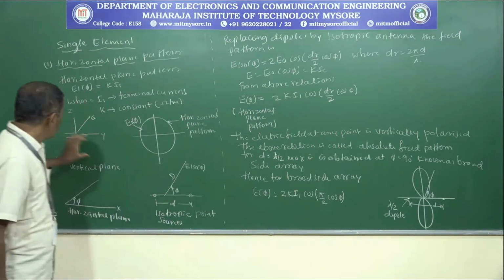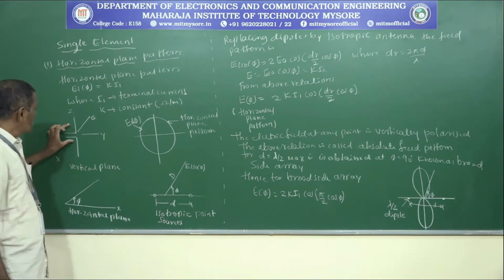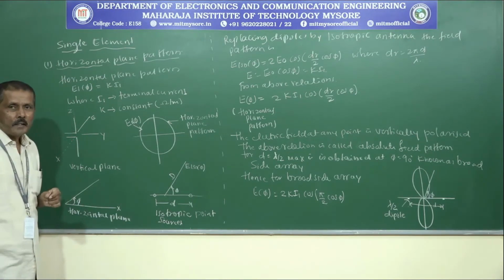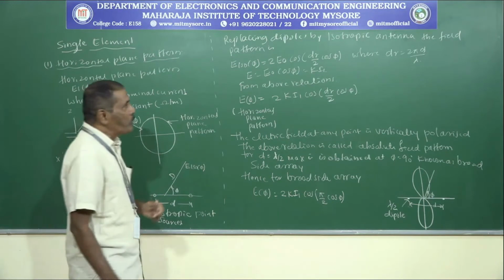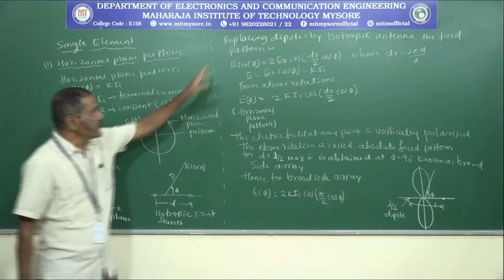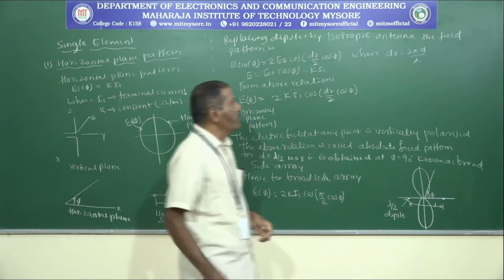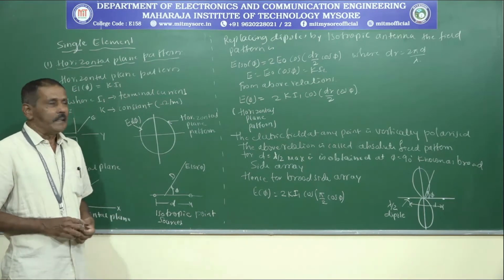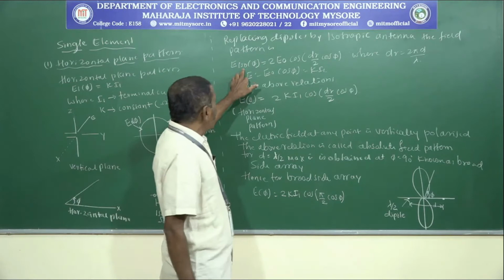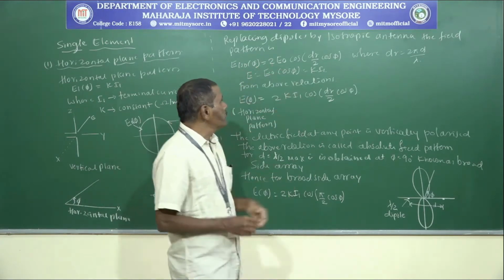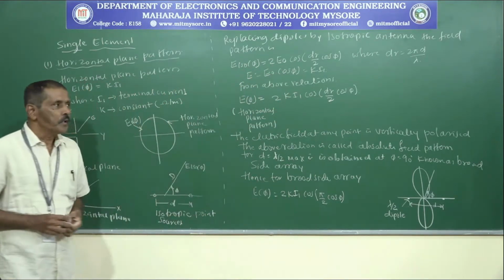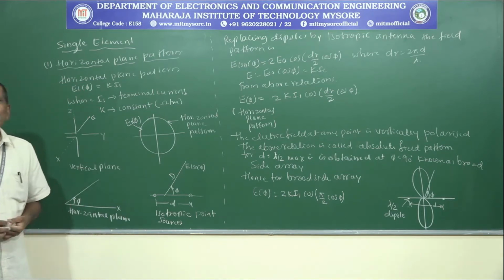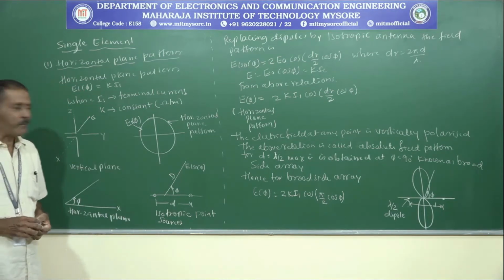What next we will do is replace this particular dipole element by two isotropic antennas. That is, replacing the dipole by isotropic antennas. Then the field is E_ISO of phi equal to 2E0 cos of psi by 2 into cos of phi, where psi equal to 2 pi d by lambda.